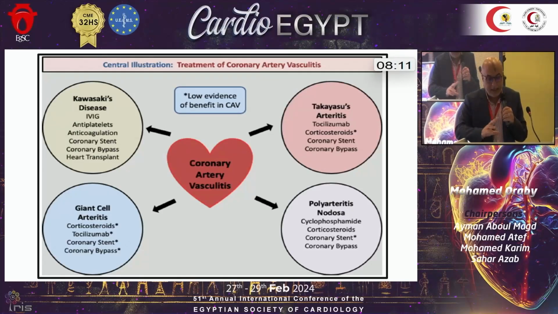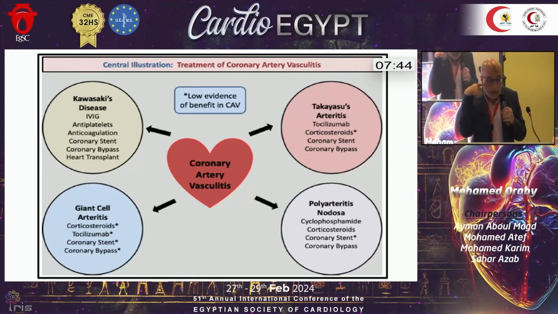But all the data shows that using immunosuppressive anti-inflammatory agents in the acute phase of these diseases will reduce the burden of vascular inflammation and the long-term sequelae. In Kawasaki disease, intravenous immunoglobulins, corticosteroids, and antiplatelets may have a role during the acute phase.